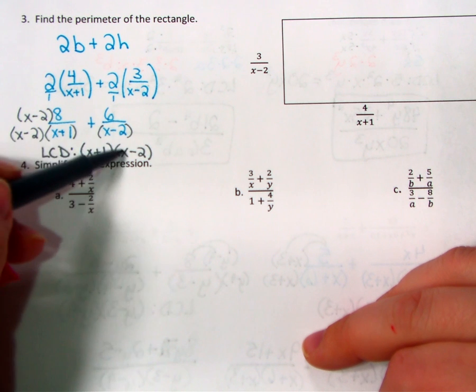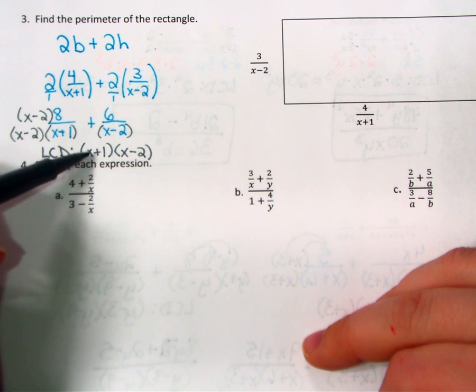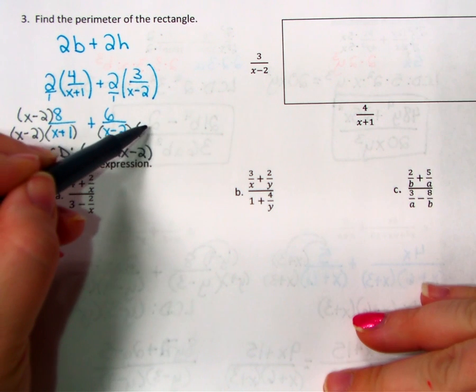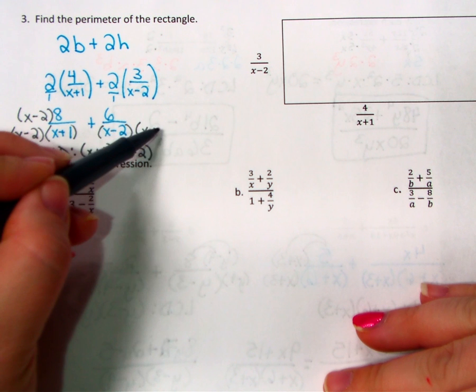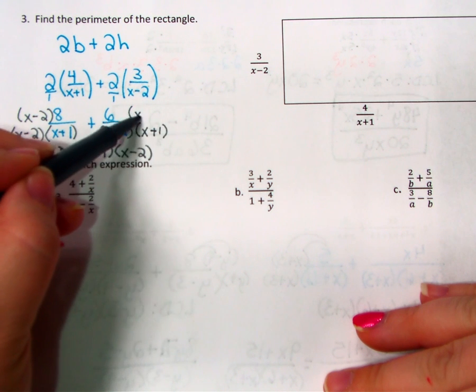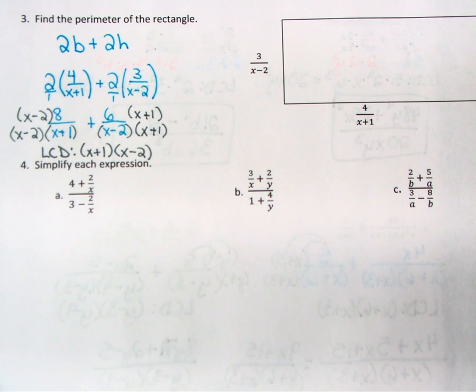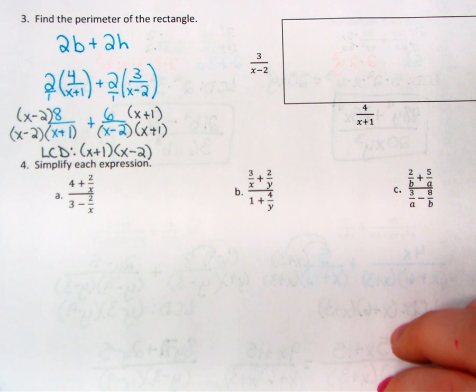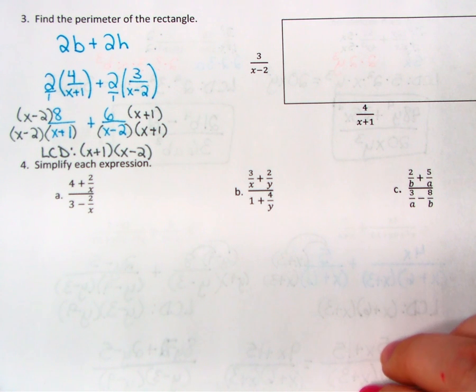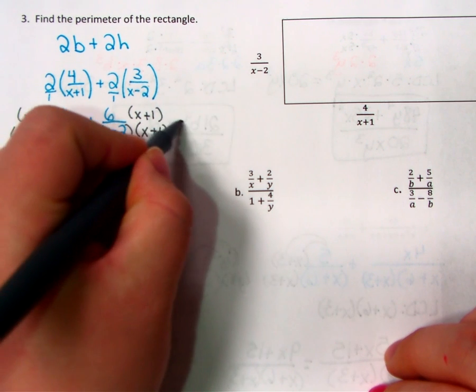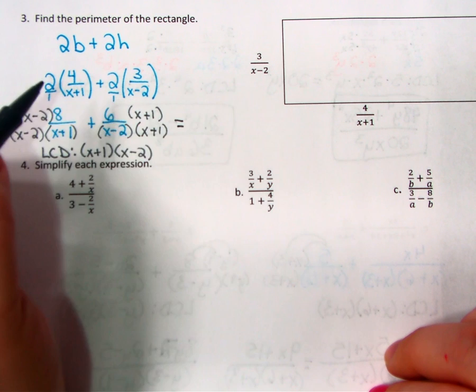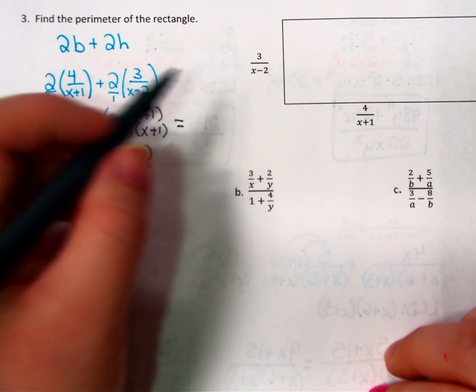Over here, it has the x minus 2, but it does not have the x plus 1. Now I can work through distributing the 8 to the x minus 2 on top and the 6 to the x plus 1 on top for the other, leaving me with 8x minus 16.